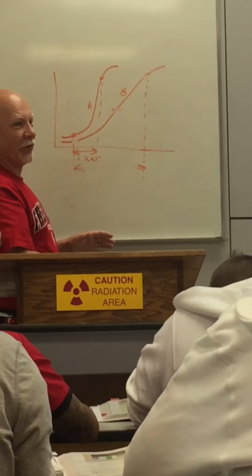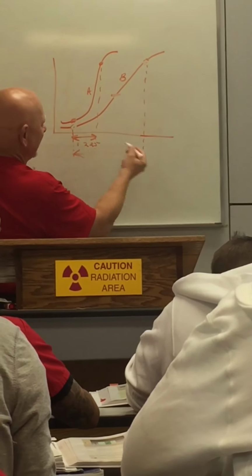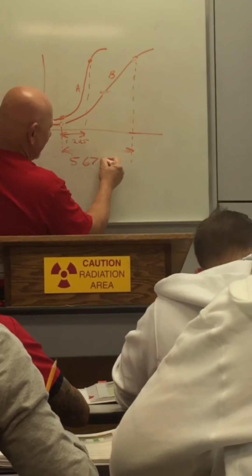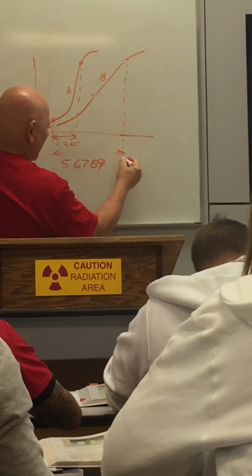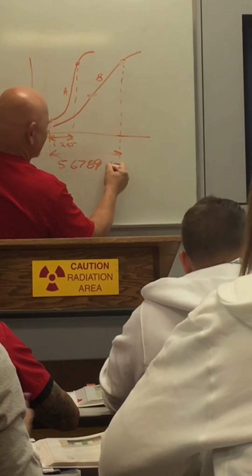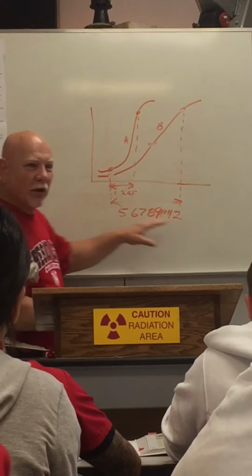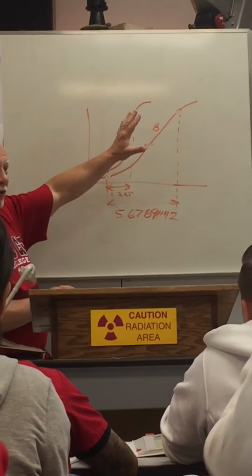That's going to be it for that. Whereas down here, we probably had 5 mAs, 6, 7, 8, 9, probably up to maybe about 12 mAs. See the difference there? A lot more acceptable exposures, and we still get a good film.